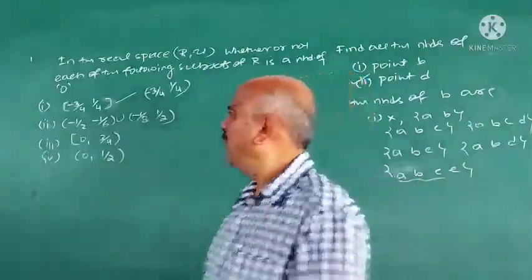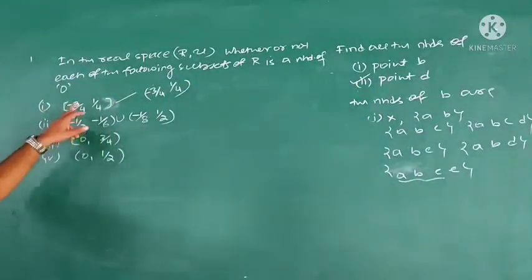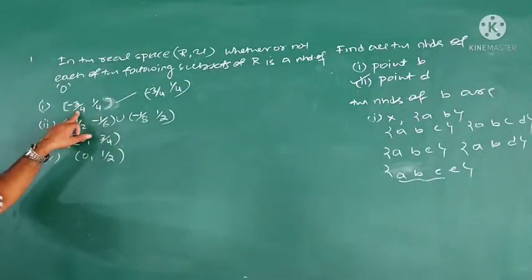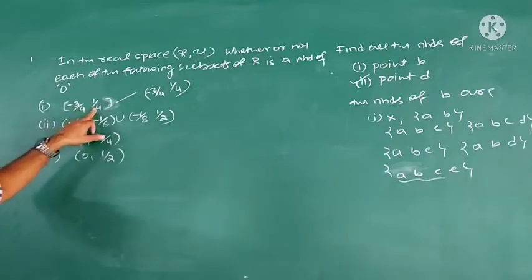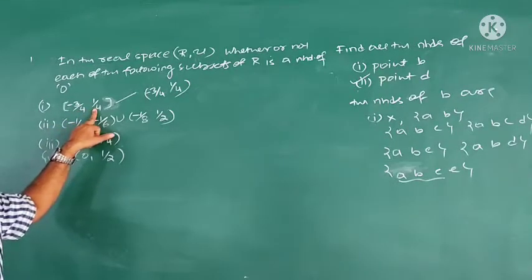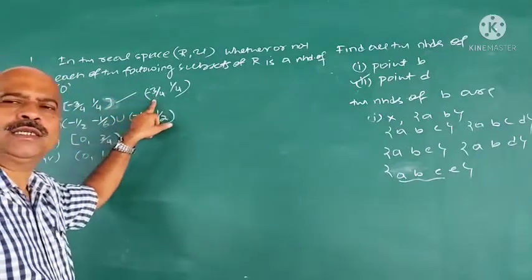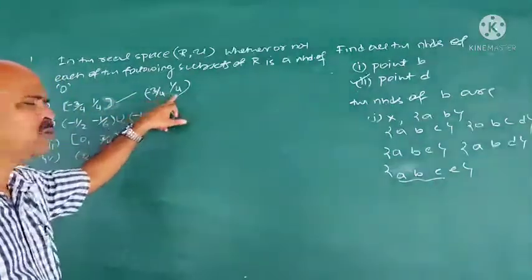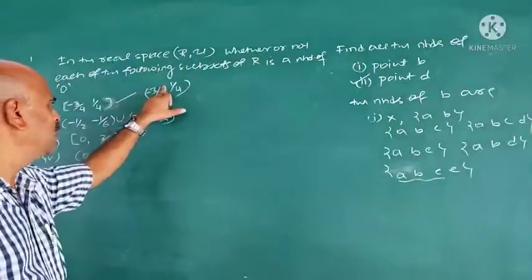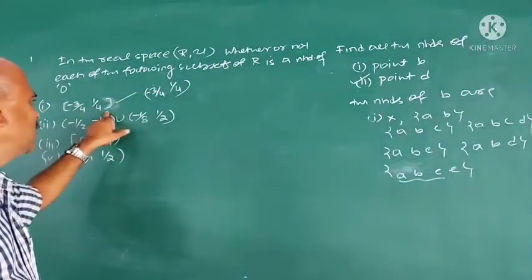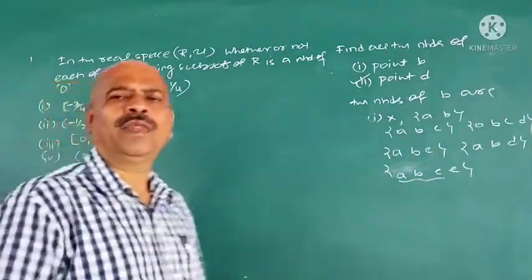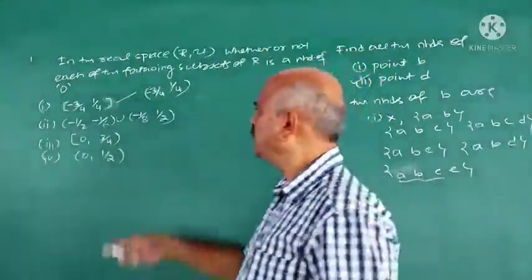Therefore, when do you say that it is a neighborhood of the point? (-3/4, 1/4) is a neighborhood of the point 0 because there exists one open set, that is the open interval (-3/4, 1/4), which contains 0 and is contained in this. Therefore, it is the neighborhood of point 0.